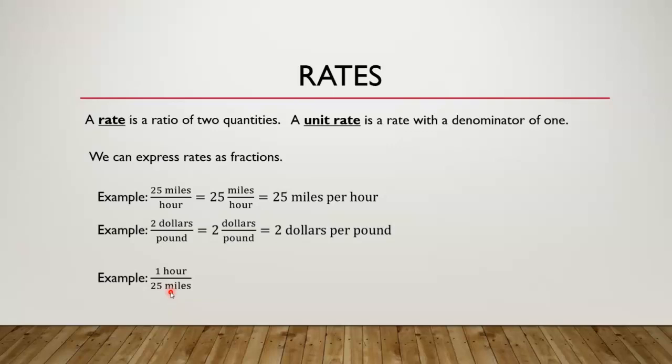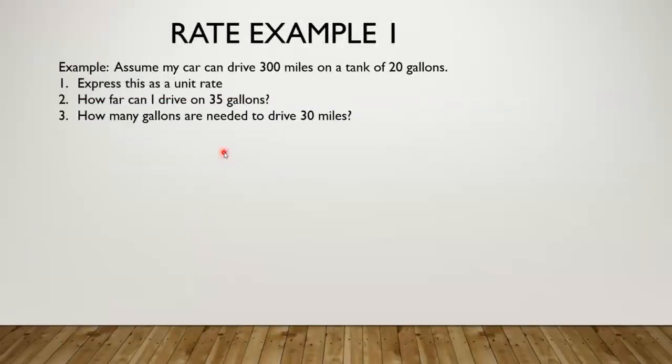Generally, as we did with unit conversions, you're going to multiply to eliminate one of the units, as you'll see in some examples. For instance, suppose I know my car can drive 300 miles on 20 gallons. I'm not saying it's realistic, we're just making up an example.